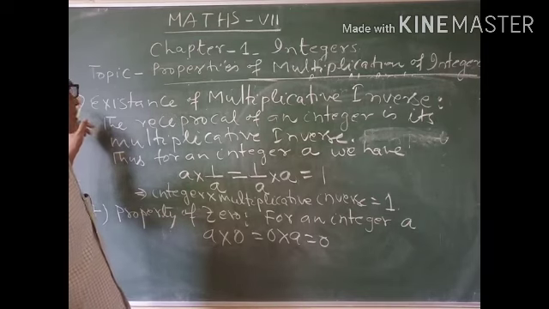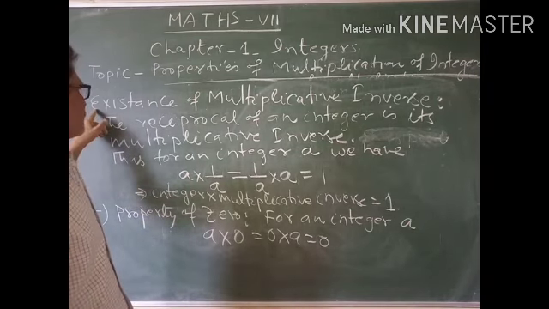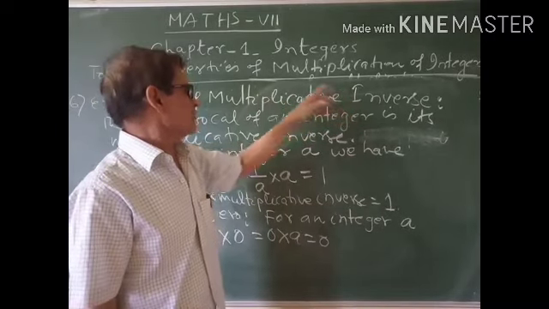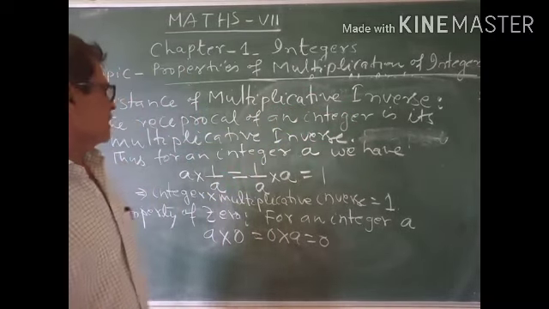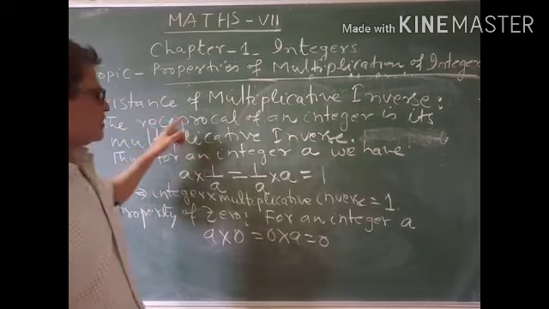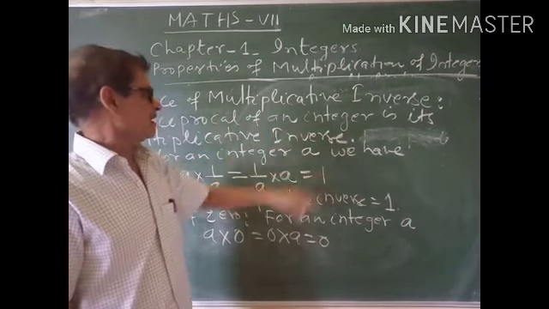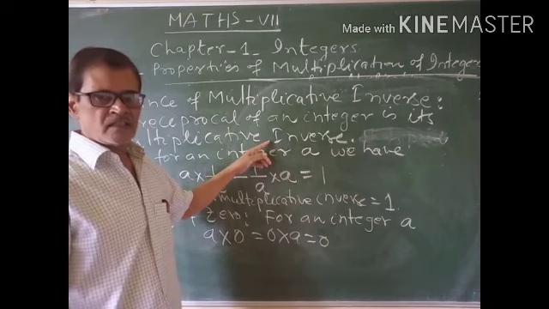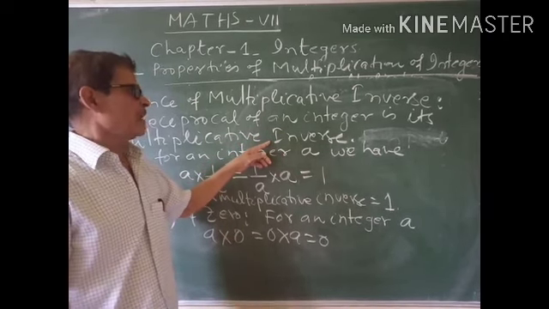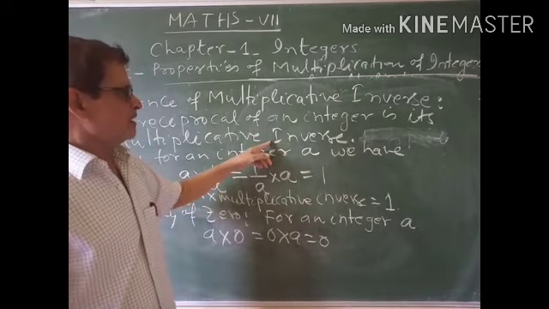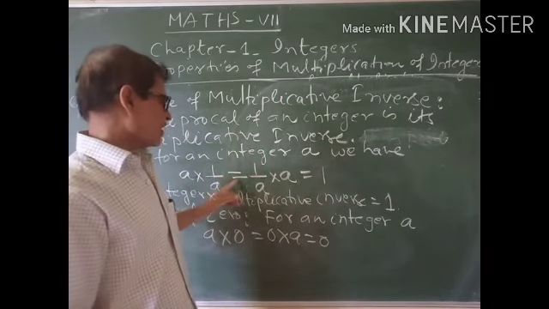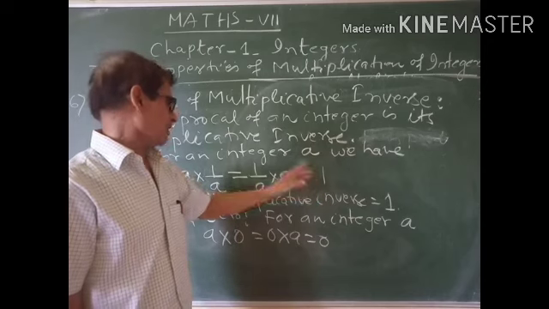Now come to the sixth property, existence of multiplicative inverse. Multiplicative inverse, the reciprocal of an integer is its multiplicative inverse. Certainly, if we multiply an integer by its multiplicative inverse, the product will be equal to 1.